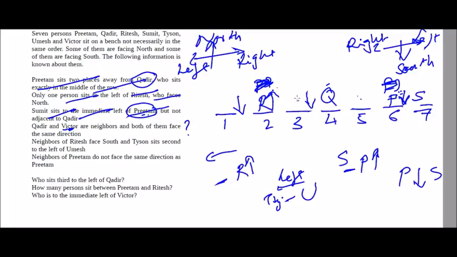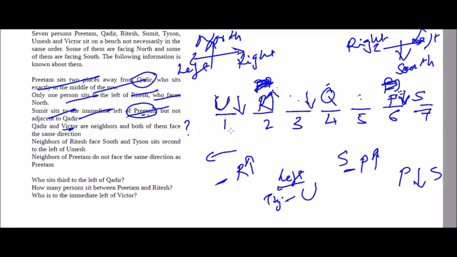If I make Umesh sit in 3, left will be this side for Umesh because he is facing south. Whoever sits in 3 faces south. So if Umesh comes here, left will be Tyson. Again 3 and 5 is gone. So Umesh cannot sit in 5, Umesh cannot sit in 3, Umesh has to sit in 1.